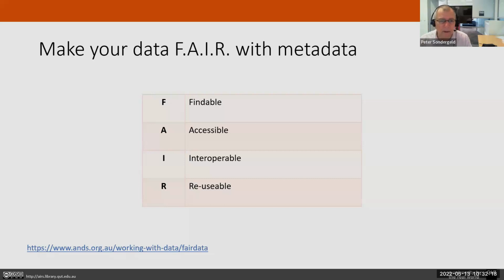And reusable again relates to the others throughout, in that the data that's saved has to be sufficiently described for humans and computers so that they can be replicated or combined in future research. So this relates back to the metadata, to make sure the data meets all of these requirements.